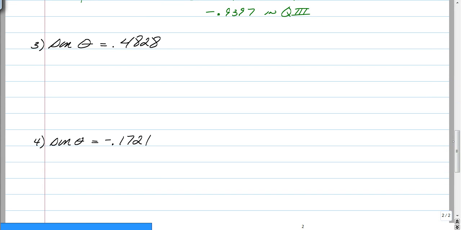So the sine of theta, when sine is positive, you have to remember sine is y. So sine is positive in quadrants 1 and 2. But the work is still the exact same. All you're going to have to do is set up your Pythagorean identity. That's going to give you 0.4828 squared plus cosine squared theta is equal to 1.